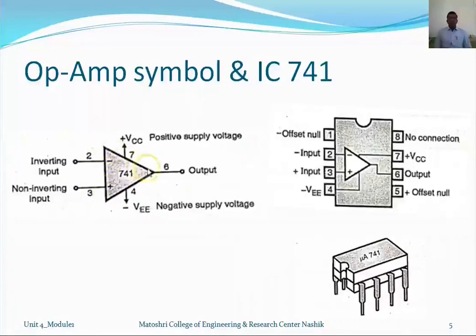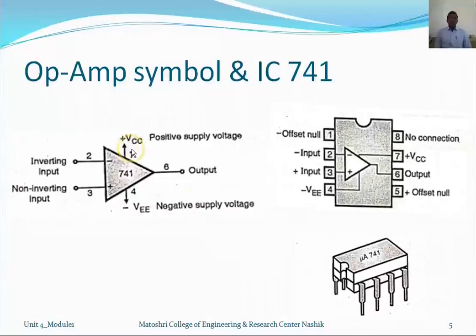The triangle shape shows the 2 input terminals, namely the inverting input terminal, second number, and the non-inverting input terminal, third, and we get the output from the 6th terminal, whereas 7 and 4 are the power supply terminals. The 7th terminal is the positive VCC terminal.